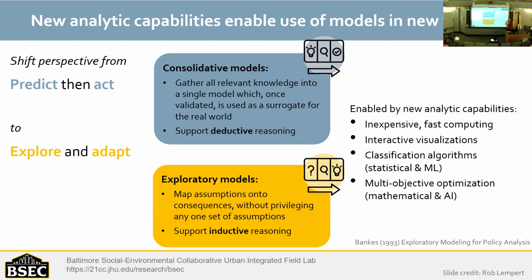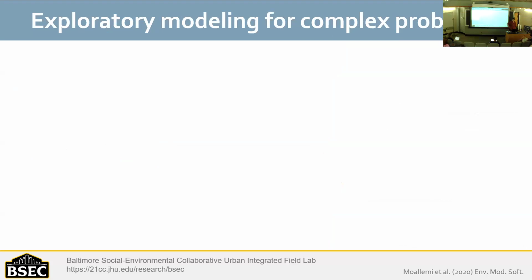We're limited by our ability to visualize high-dimensional data, all these things. But now we have these things, and we also have powerful classification algorithms from statistics or from machine learning, and we also have powerful optimization algorithms from mathematics and artificial intelligence. So we can move to this more exploratory mode that's more appropriate for the complex problems that we are working with.